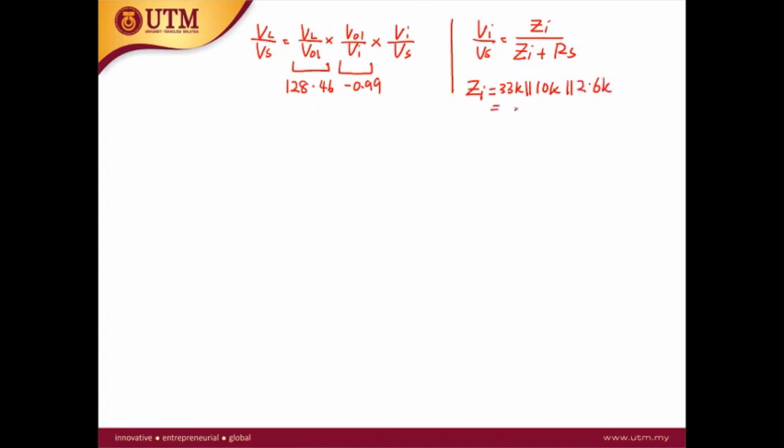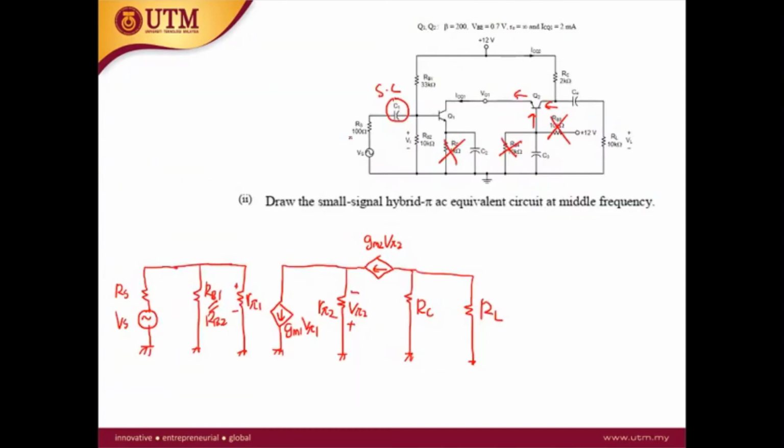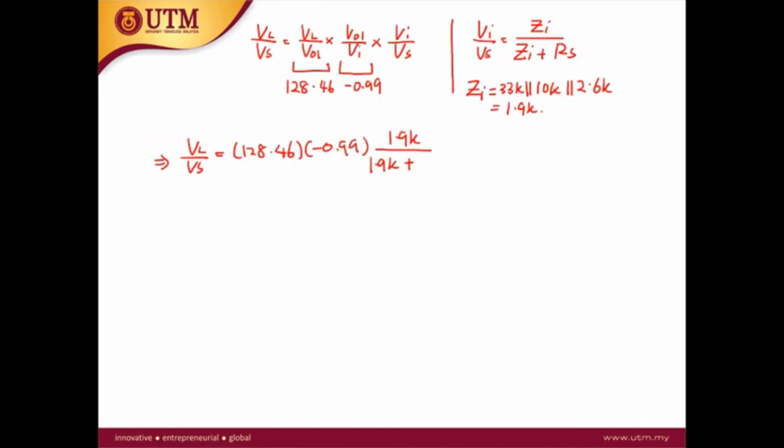So this is 1.9 kilo ohm. So VL over VS is equal to 128.46 times minus 0.99 times 1.9K over 1.9K plus RS, which is 100 ohm, so 0.1K. So the answer is minus 120.8. Okay, so this is the final answer.